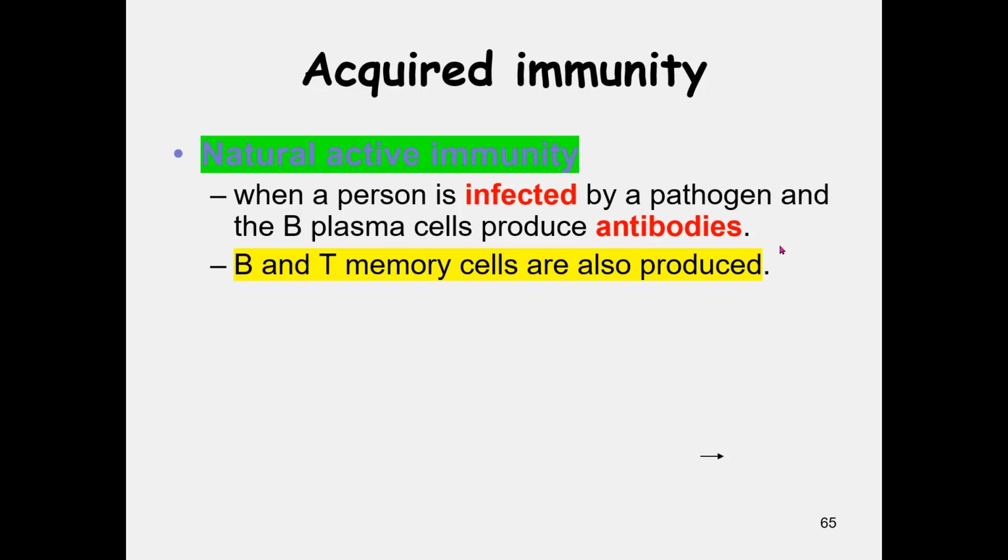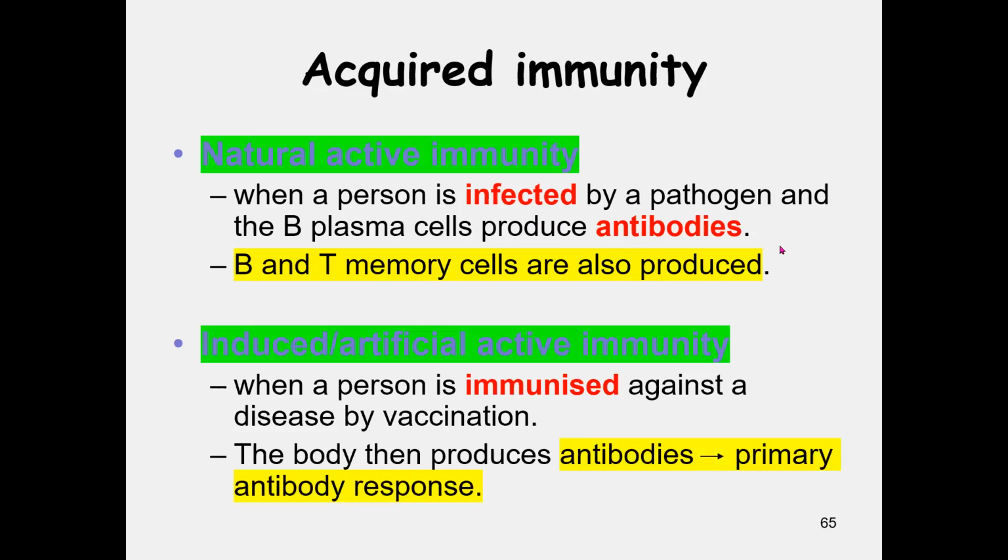Induced or artificial active immunity is when we get immunized, when we get injections. The antibodies produced become the primary antibody response to anything that infects us. And in this case, just remember that graph.